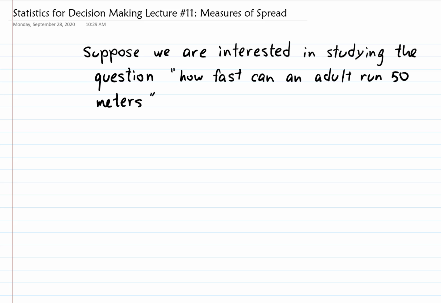Okay. Now, when you measure these things, the amount of time it takes an adult to run 50 meters, there's going to be variability in the measurements. And I want to go over with you 4 types of variability.